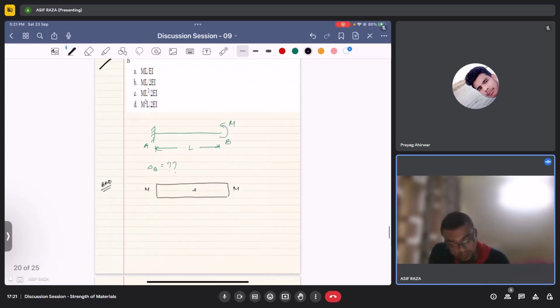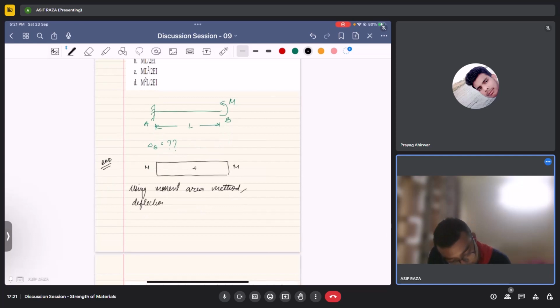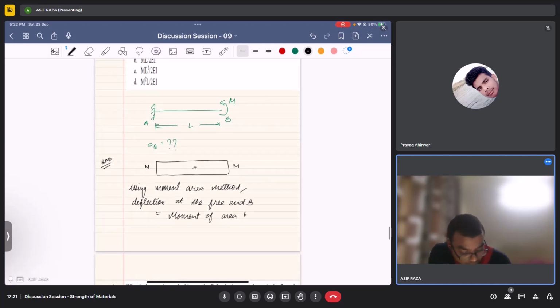Now to find the deflection using the moment area method, the deflection at the free end B is equal to the moment of the area between A and B about B.